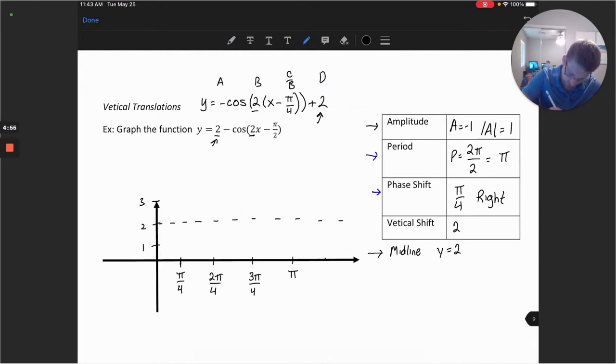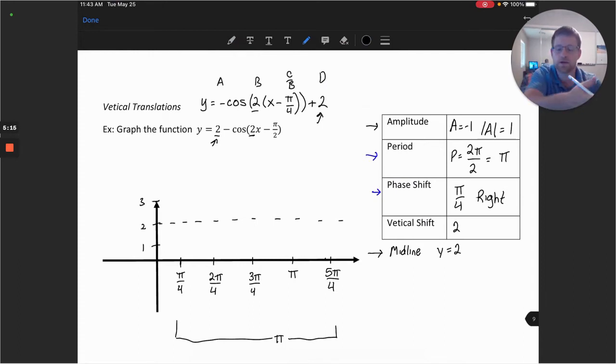And then the next one is 5 pi over 4. So this interval here is pi units long. And so this is where we're going to draw our first cycle of cosine. And we'll notice here I've divided this range, or really the domain of this cycle, into 4 sections. And so that's going to mimic the shape of our cosine graph.